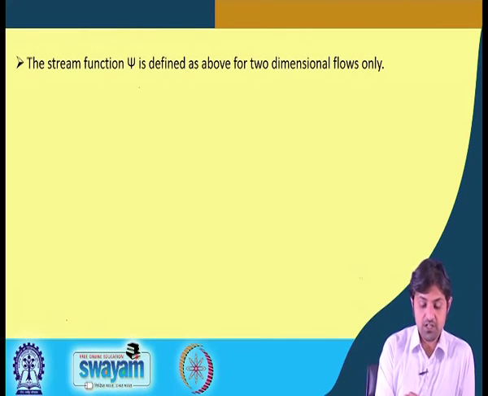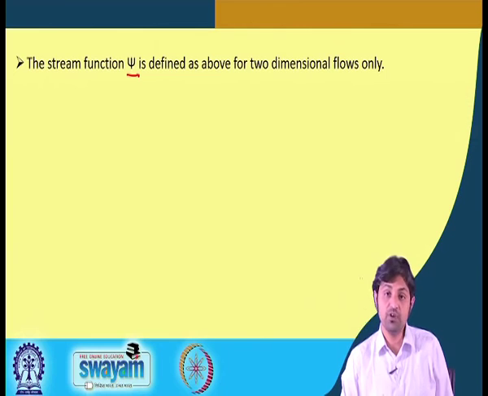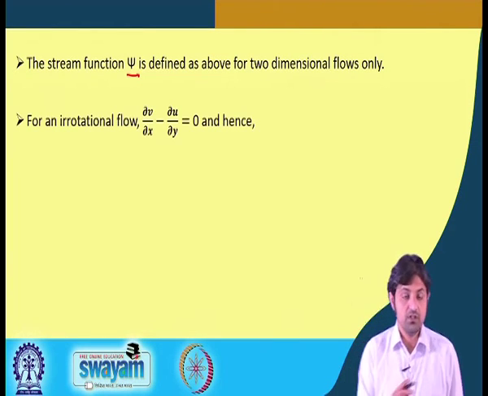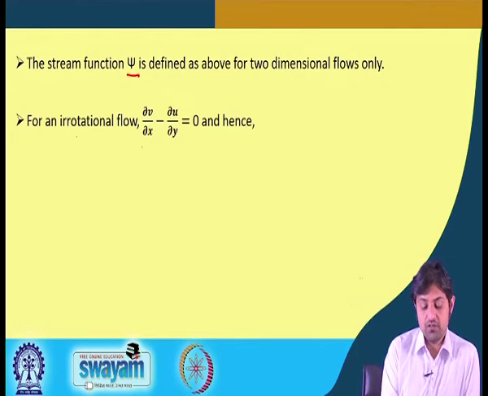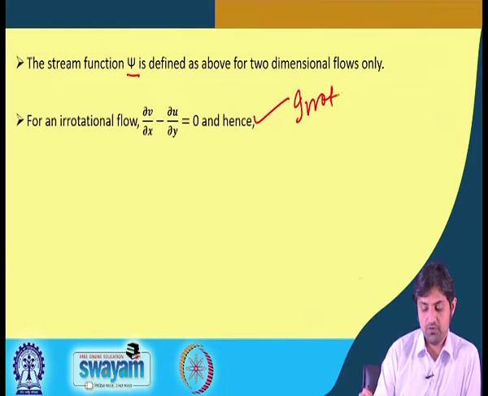The stream function is defined as above for two-dimensional flows only; it cannot be defined for three dimensions. For an irrotational flow, del v by del x minus del u by del y is equal to 0. This we know from irrotational flow.